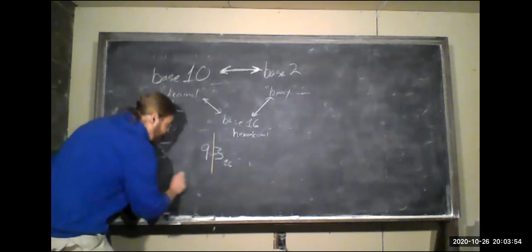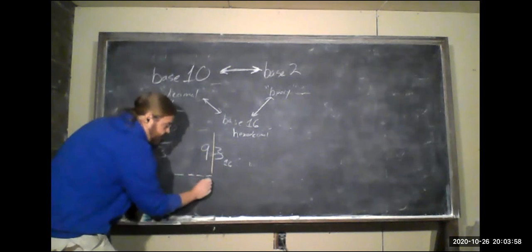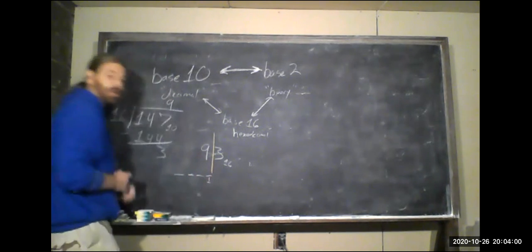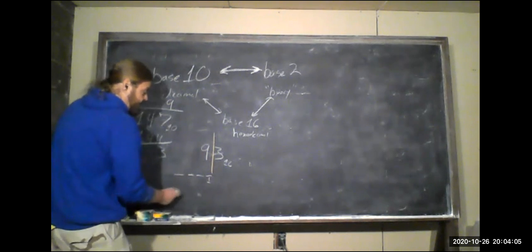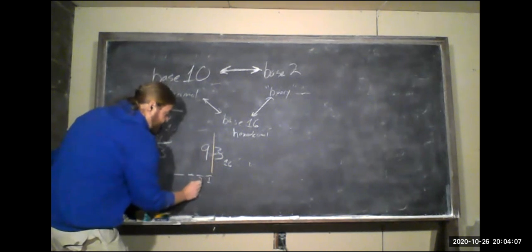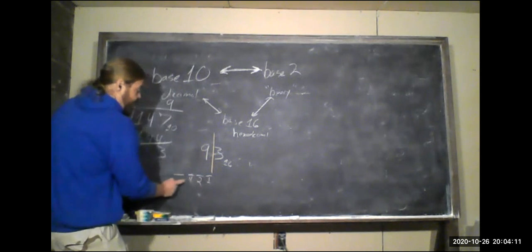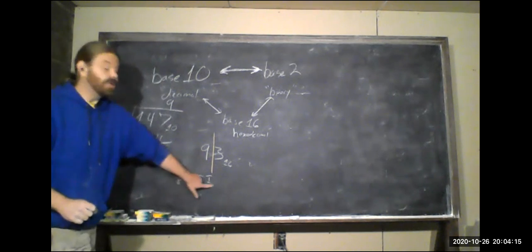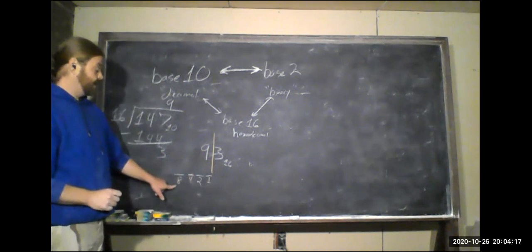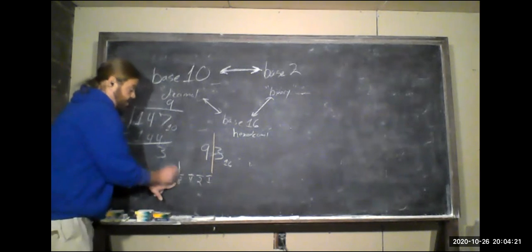No. So we have 4 bits. Our smallest one's 2 to the 0, so that's a 1 column, right? The next one is 2 to the first power, so the 2 column. 2 squared is 4, and 2 cubed is 8. So we just need to add those up until we get to 9. So an 8 will fit, right? Yep. So I have one of those.